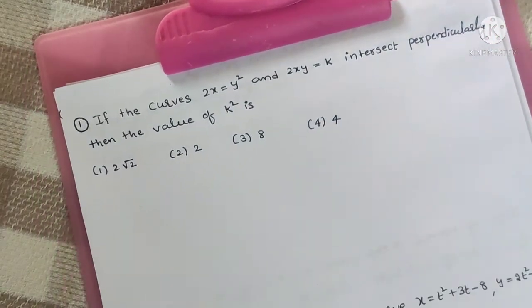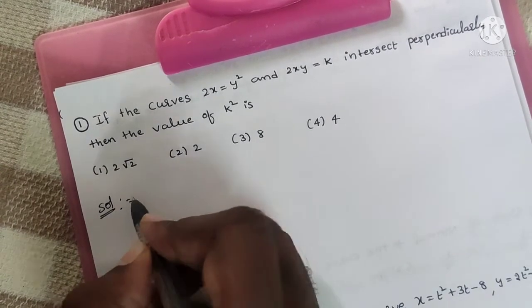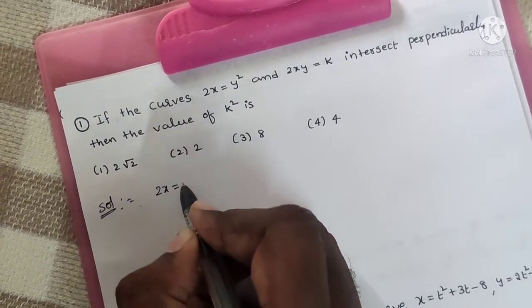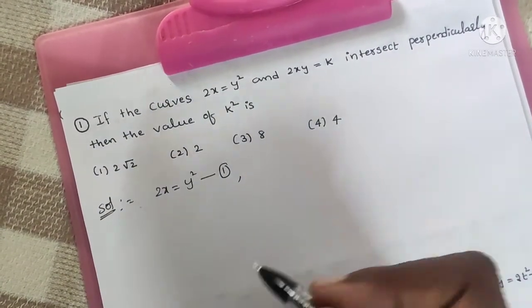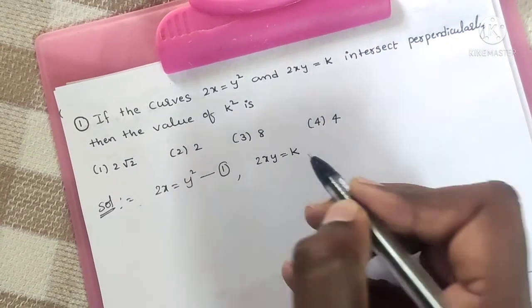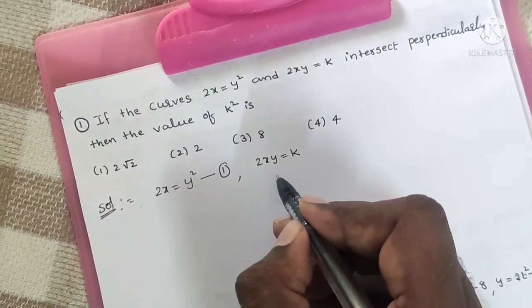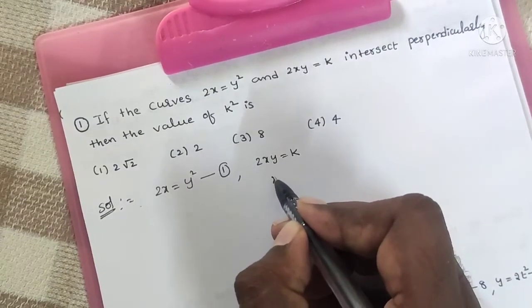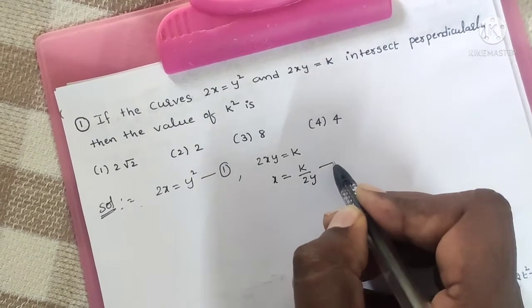So first, the first curve is 2x is equal to y square. And the second curve is 2xy is equal to k. From this we can write x is equal to k by 2y. This is equation 2.